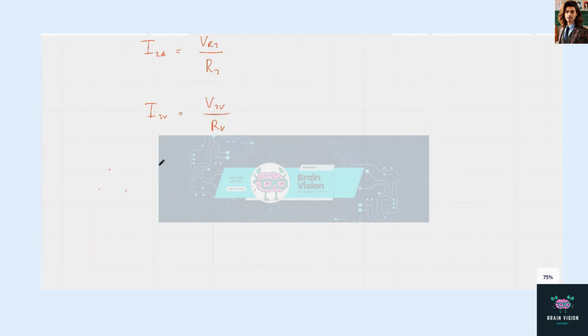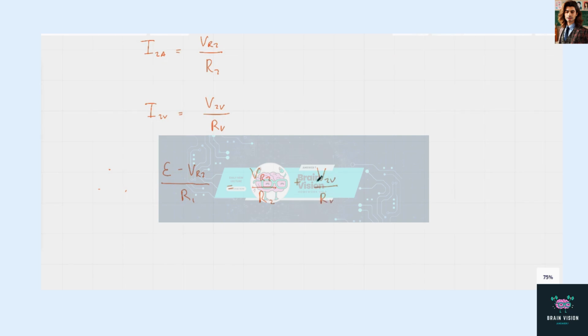And so again, like above, we get an expression epsilon minus VR2 over R1 is equal to VR2 over R2 plus V2V over RV.